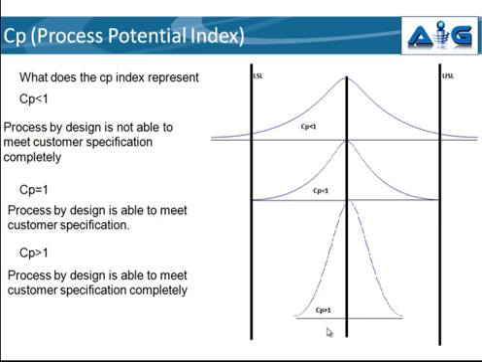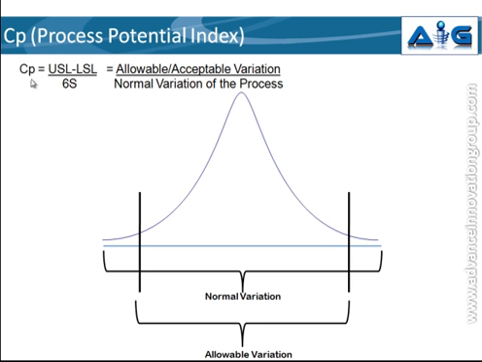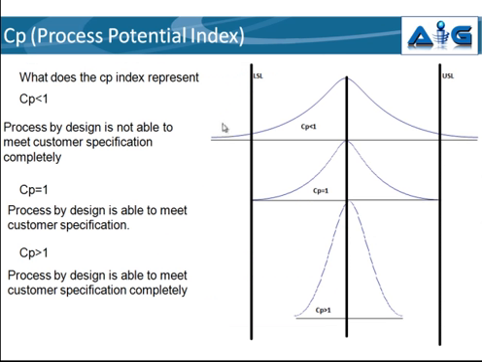Now if you remember the above formula, when can CP be smaller than 1? CP can only be smaller than 1 when your normal variation, which is this you can see, is greater than this allowable variation. Because CP is nothing but the ratio of allowable variation to normal variation. See, this is the normal variation and this is the allowable variation, LSL, USL.